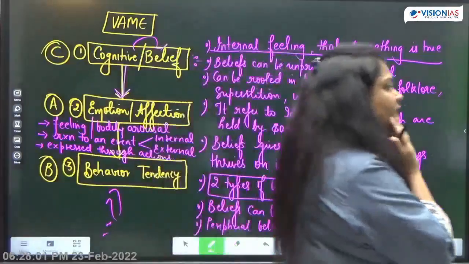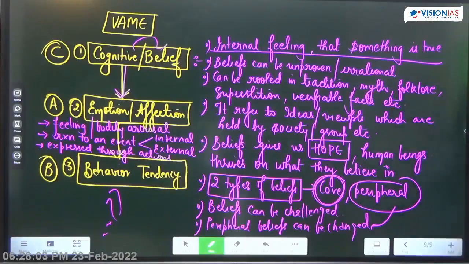We'll discuss emotions in detail when I'm teaching emotional intelligence. Today we are going to restrict ourselves to the definition.